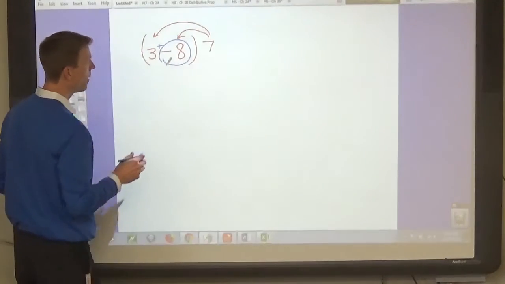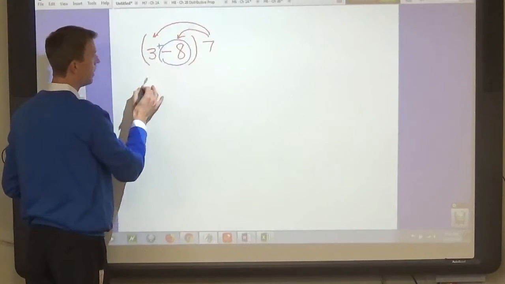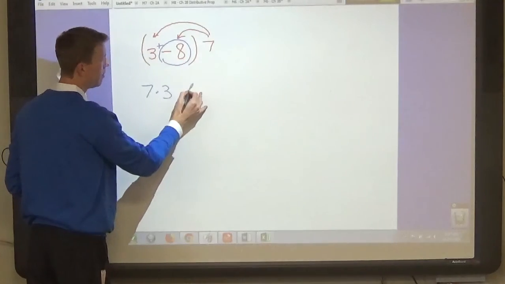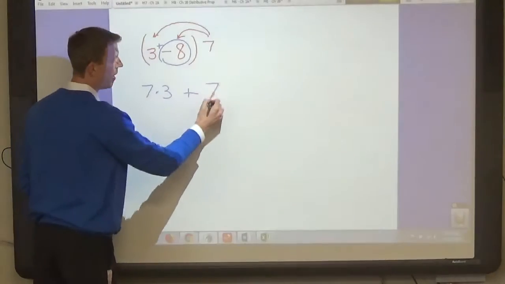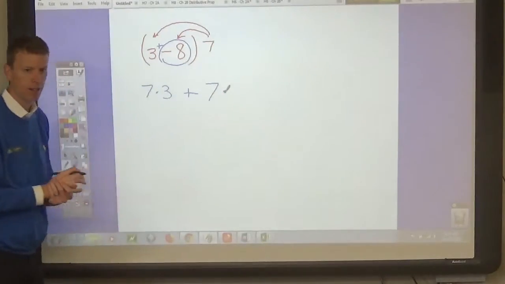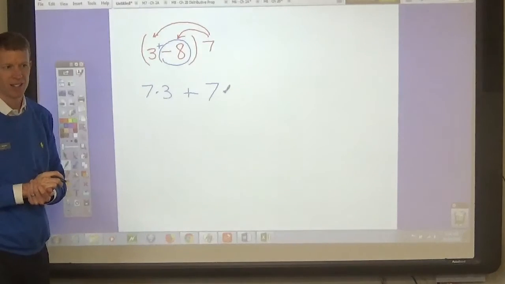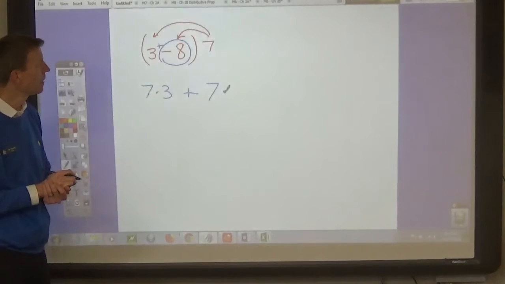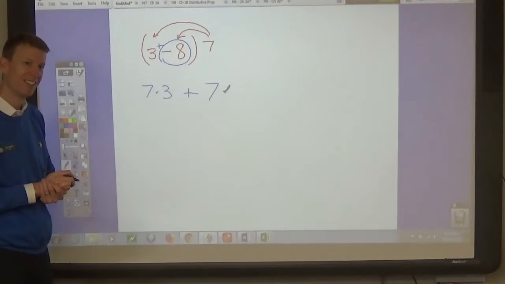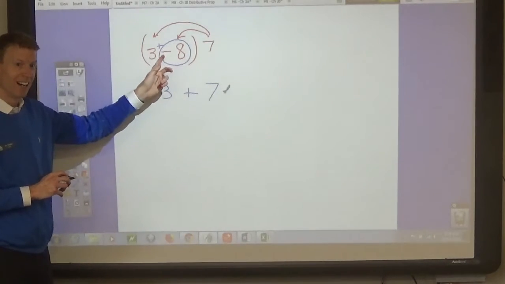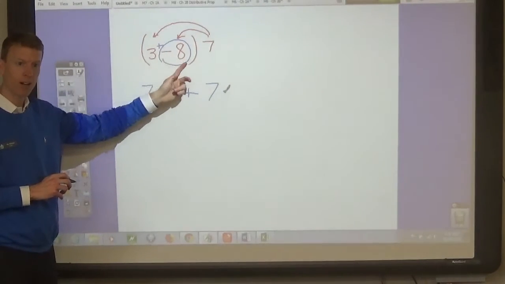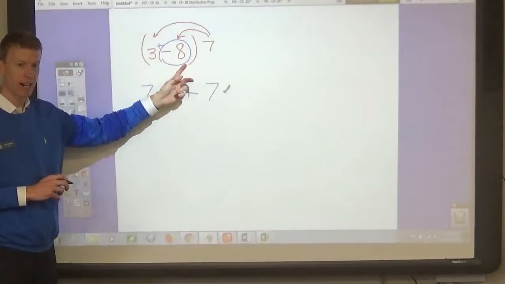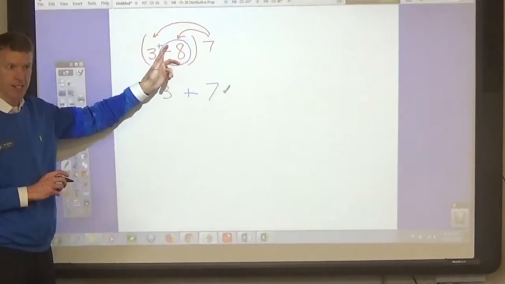And when we multiply this, we would do 7 times 3 plus 7 times what? Tyler? 7 times 8, but that's not 8, it's negative 8. I circled the negative. See? The sign in front of the number tells you if it's positive or negative. So this isn't 8, it's negative 8.